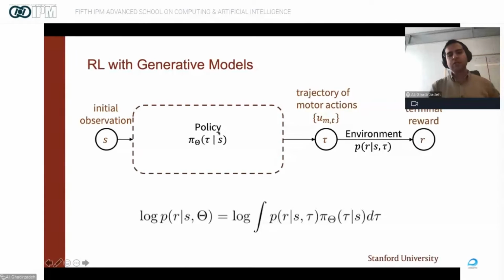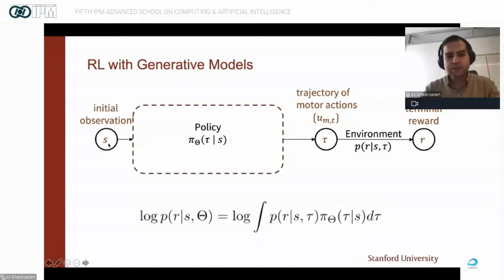And the policy is conditioned on a state. Here, the state can be a low-dimensional representation of a task, or it can be a high-dimensional camera image. I just call that the initial observation. In most cases, images can be given as the input to the policy.